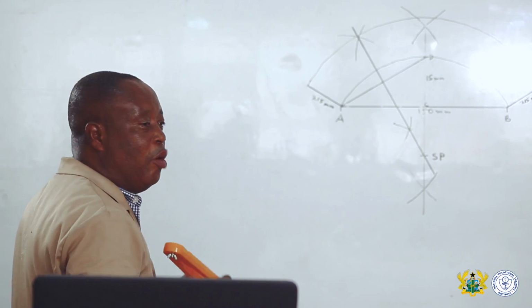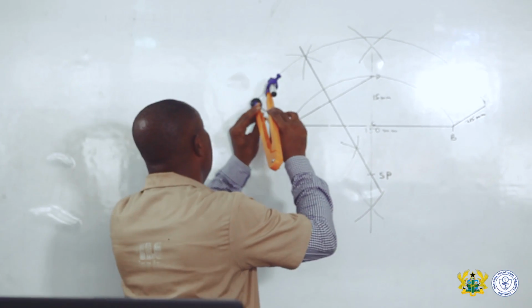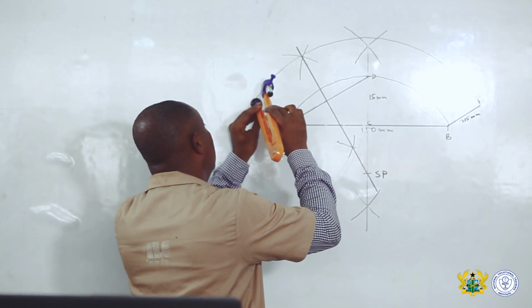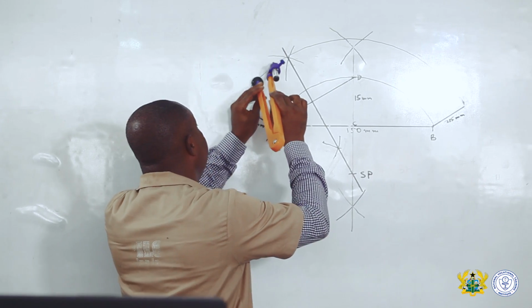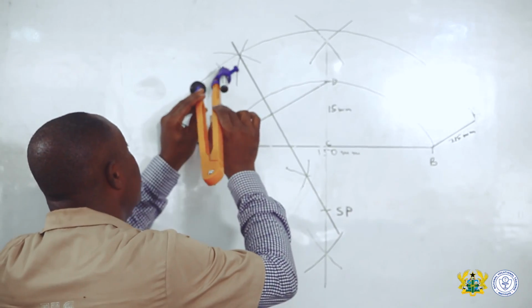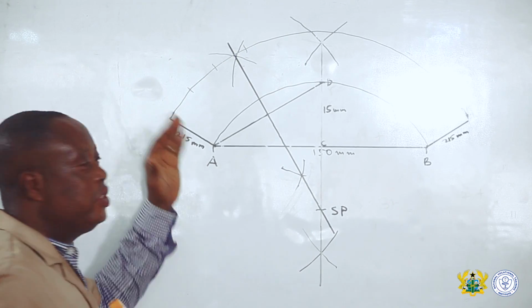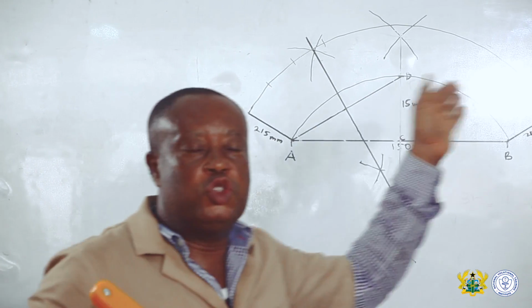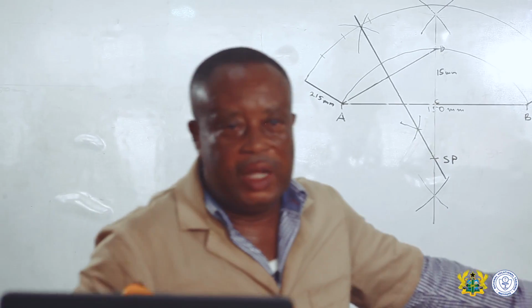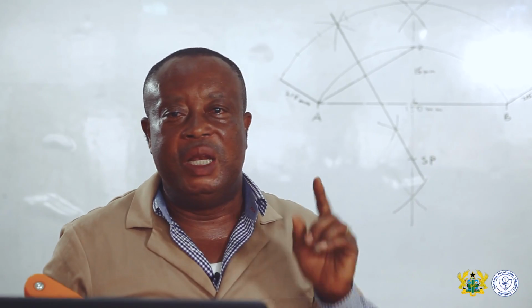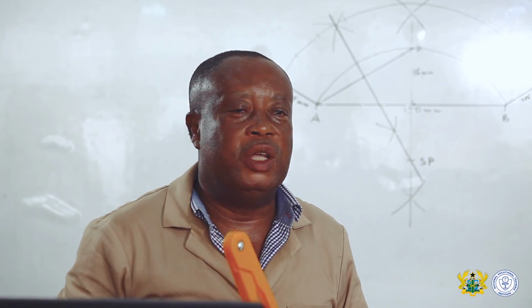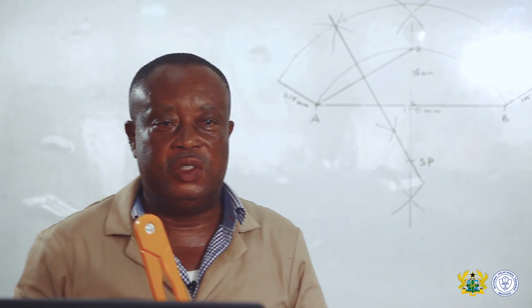So you take your compass, then you mark 65, 65, 65. We can start from the left and also continue from the right. Then the middle one can be less than 65 or more than 65.